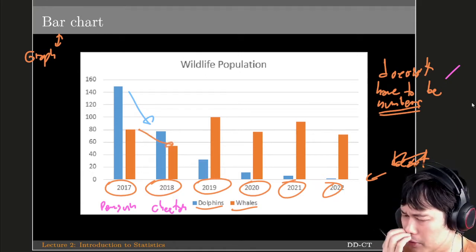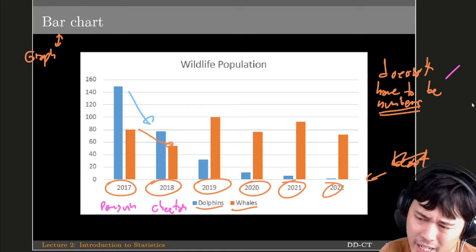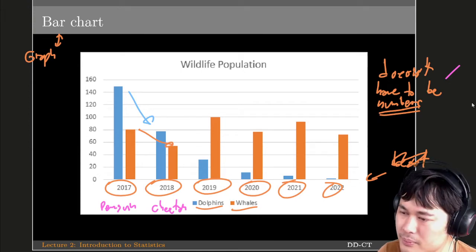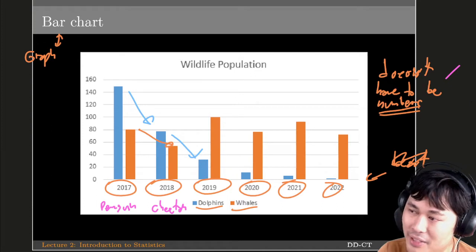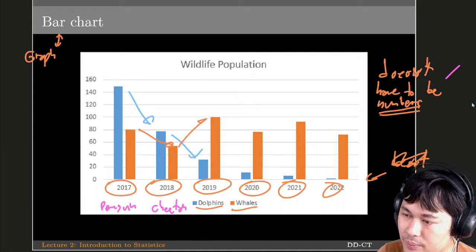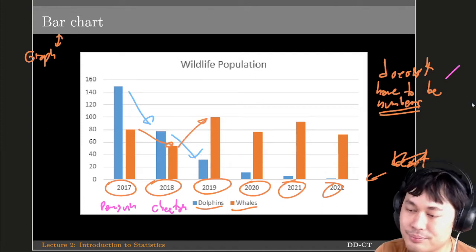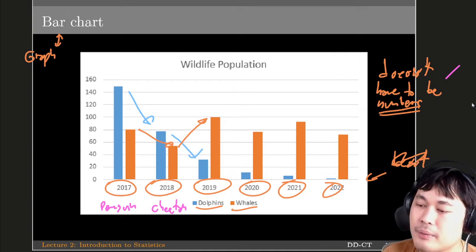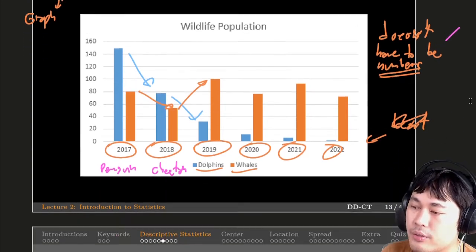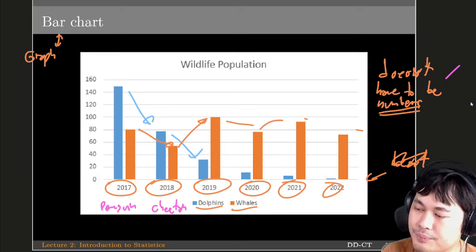It also dropped, but not as much as the dolphins. And then we see them drop again in half. But somehow the number of whales increased next year. Again, there must be some factors behind that growth, and so on and so forth.